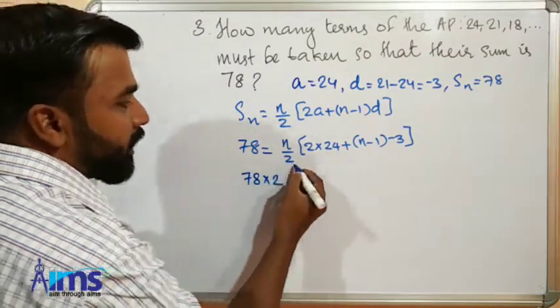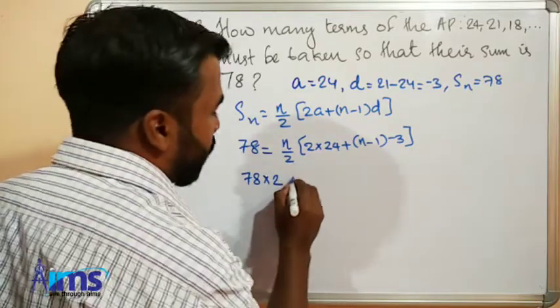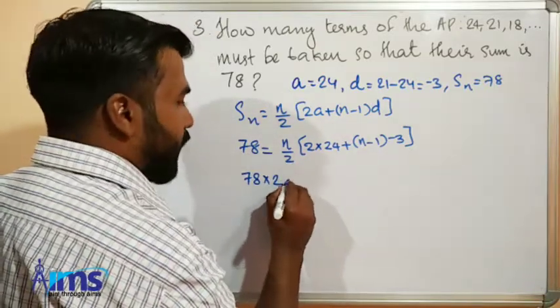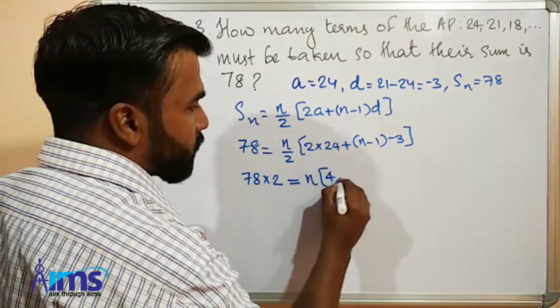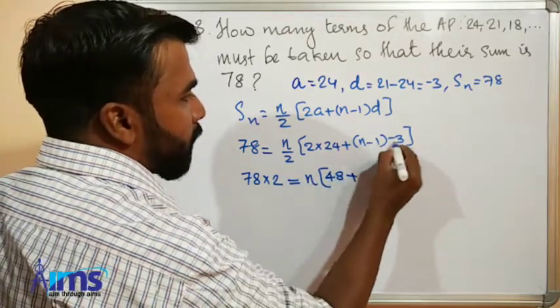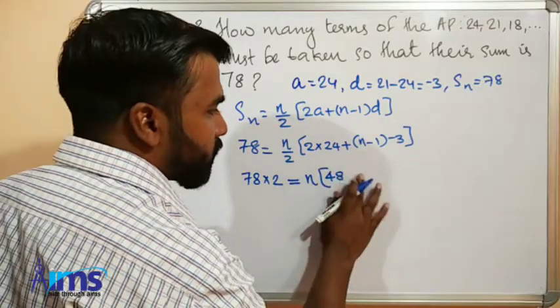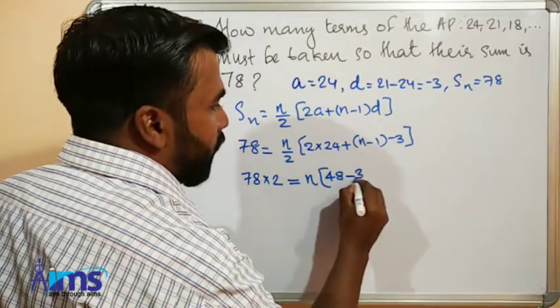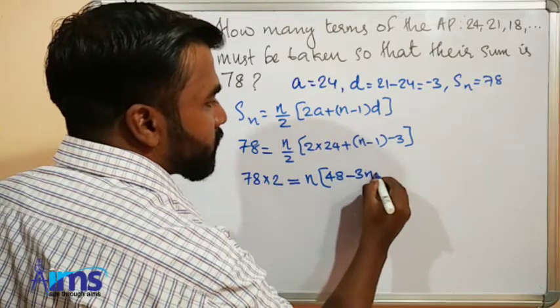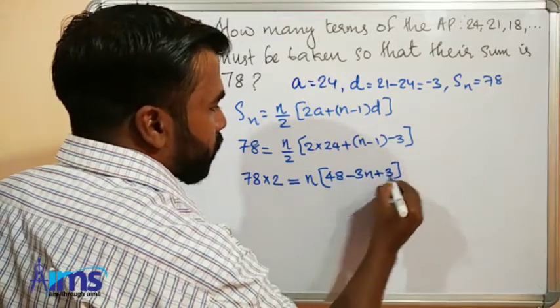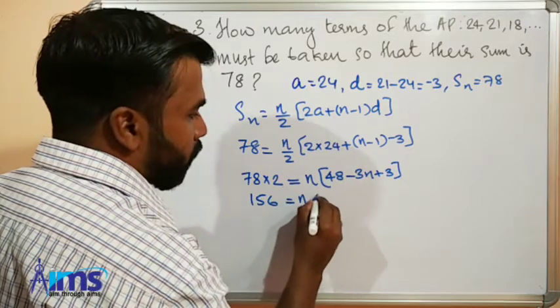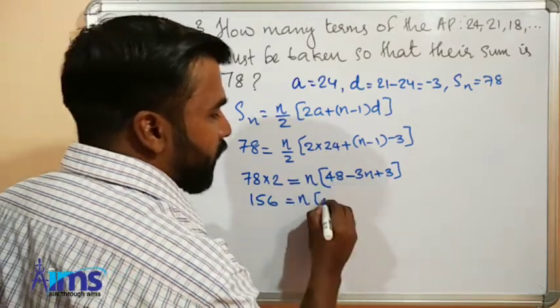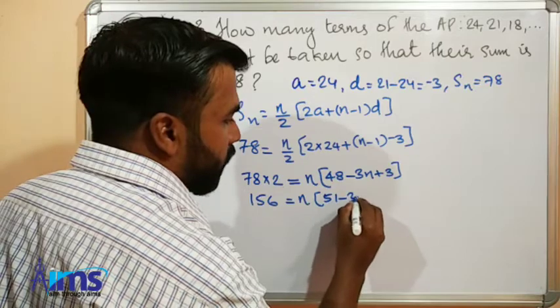So here the division, when it is coming to left hand side, it becomes multiplication. That is n into 2 into 24 is 48 plus minus 3 into n is minus 3n. Then minus 1 into minus 3 is plus 3. That is 156 is equal to n into 48 plus 3 is 51 minus 3n.